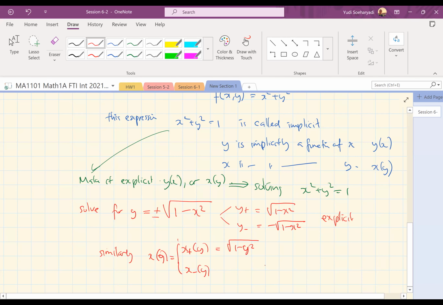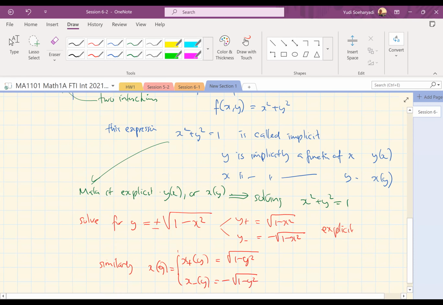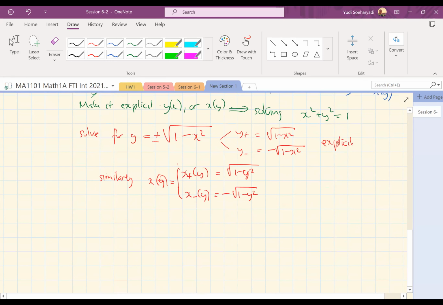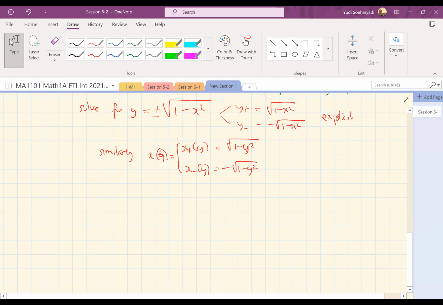So you see, this is the difference between explicit and implicit. You can try to change implicit to explicit, or on the other hand, you can change also.